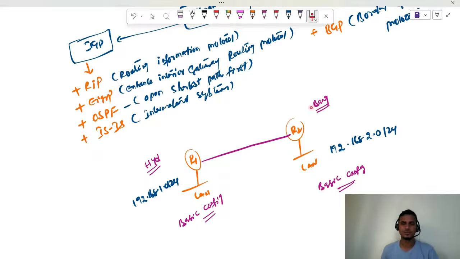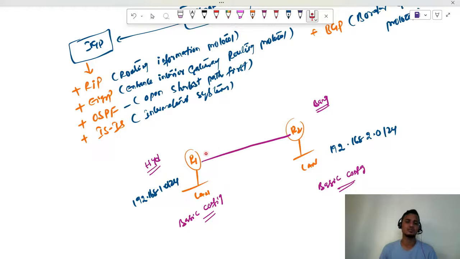The same thing happens from the other side too. If the user tries to access from the Bangalore LAN to the Hyderabad LAN, there is no routing information in router 2, so router 2 will not forward that packet to this organization.